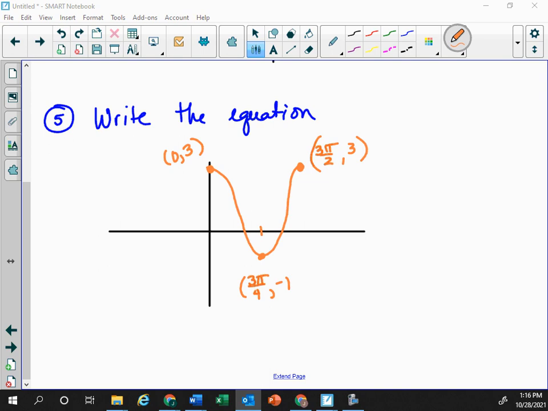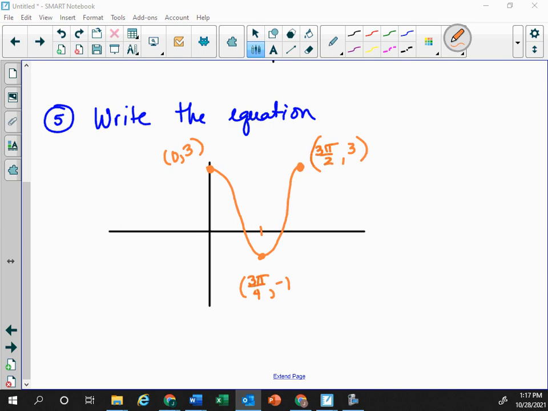Don't like your 2/3, you're close. What is the period of this? I'm just looking at the graph.